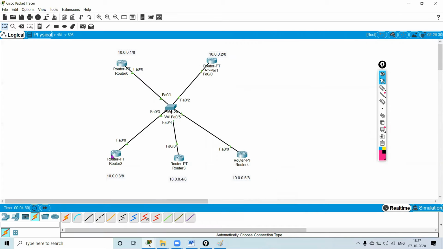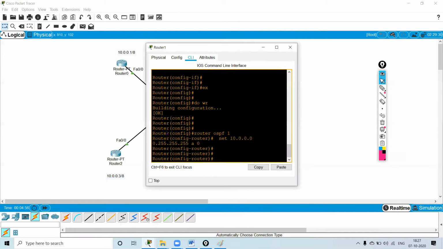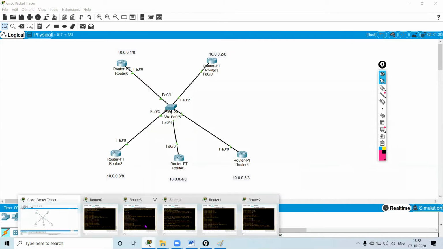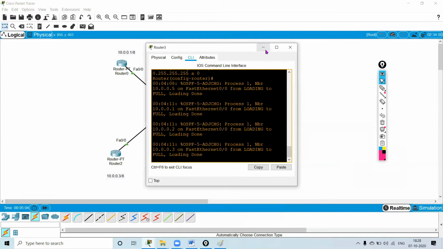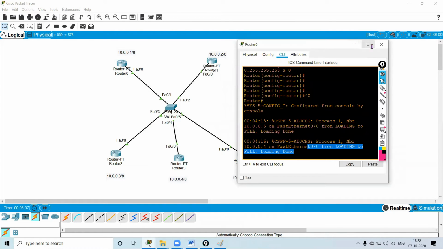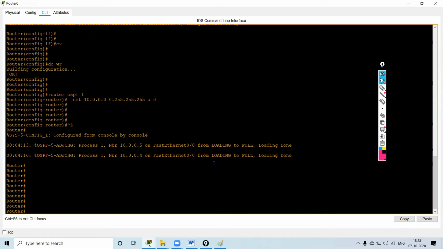Okay, now the DR BDR election will be done. Now let us have a look. They formed neighborship.